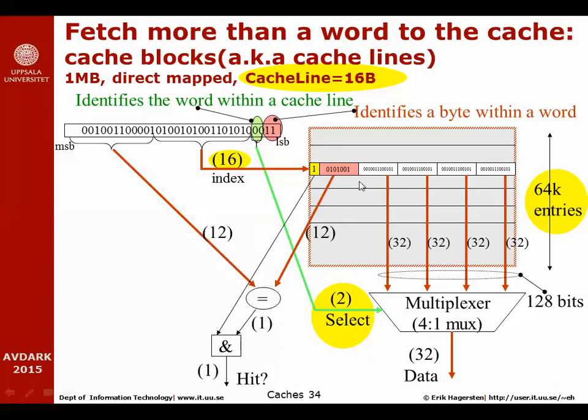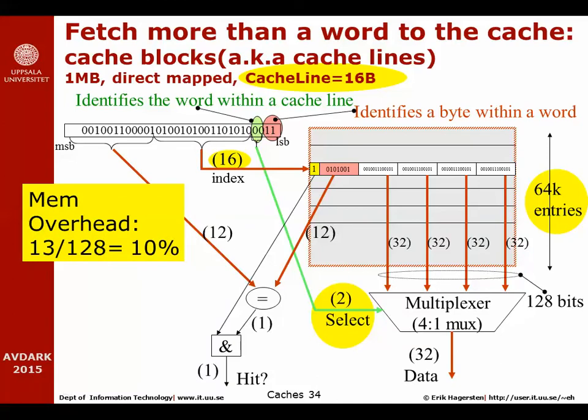And of course, we still have to use whatever part of the address that wasn't used for our indexing as well as selection in this cache. So we have 12 bits left, and those bits have to be used as an address tag and compared with these 12 bits stored right here.